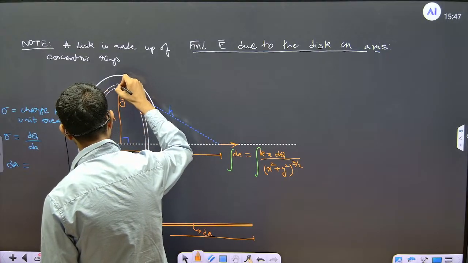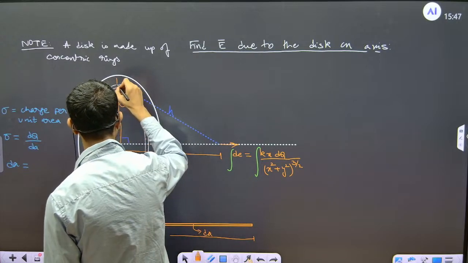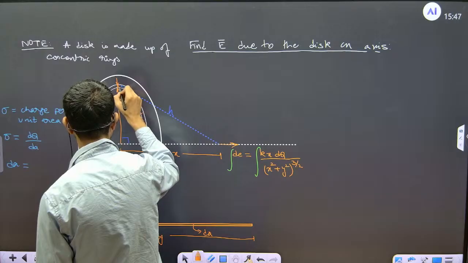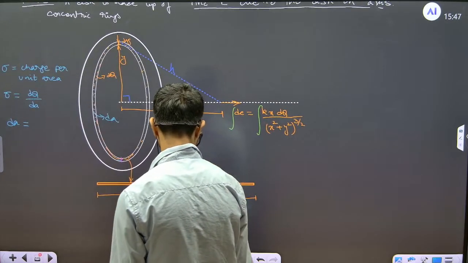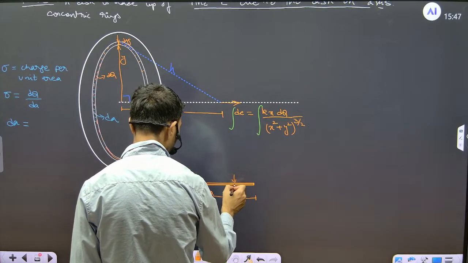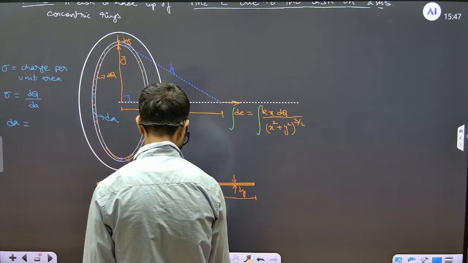So what will be this thickness? A small change in y. Right? So this part will be how much? Would it be dy? Right? That is what I said. This small part will be dy.